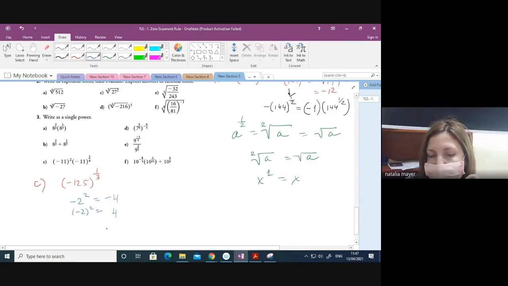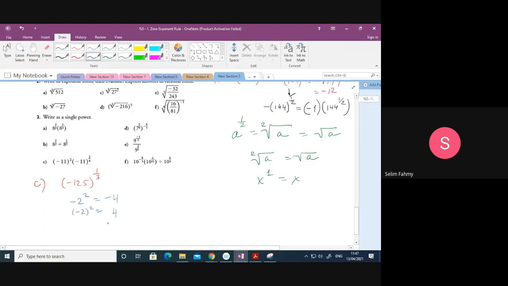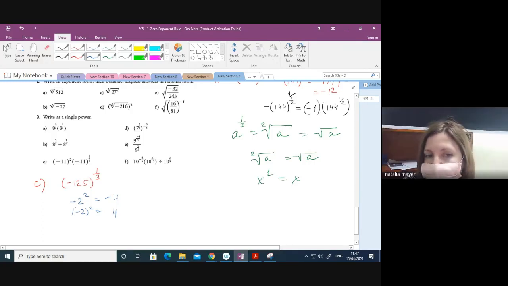Why is this the case? Because there's a bracket to the power. Because you multiply negative 1 by 2 squared. Because there are no parentheses here, the square applies only to 2. It does not apply to negative 1. Here, parentheses show what we are squaring.